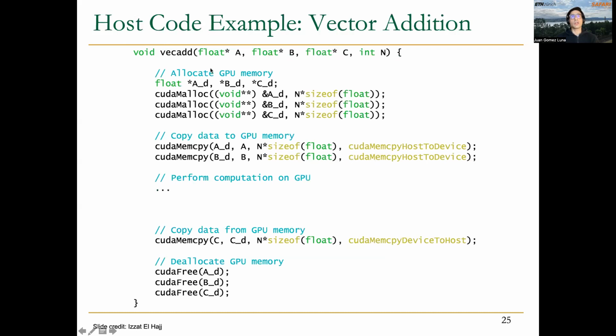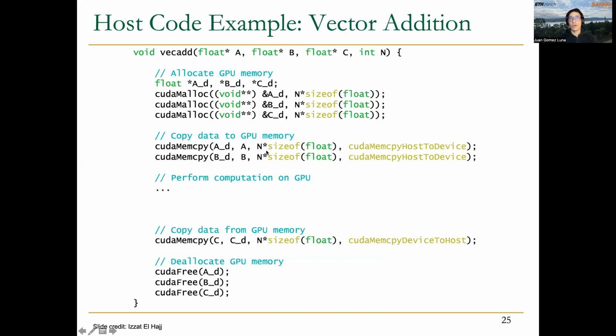And as you see, the first thing that we do in this vecAdd function is to allocate GPU memory. We allocate memory for arrays A and B that are the input arrays, and array C that is the output array. Then we copy data from host to device, as you can see in this parameter here.